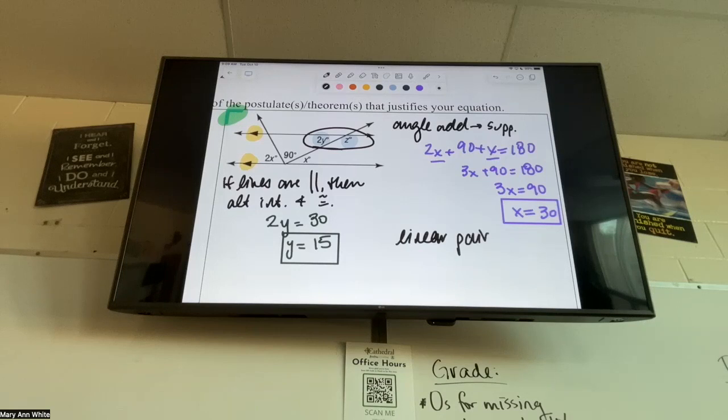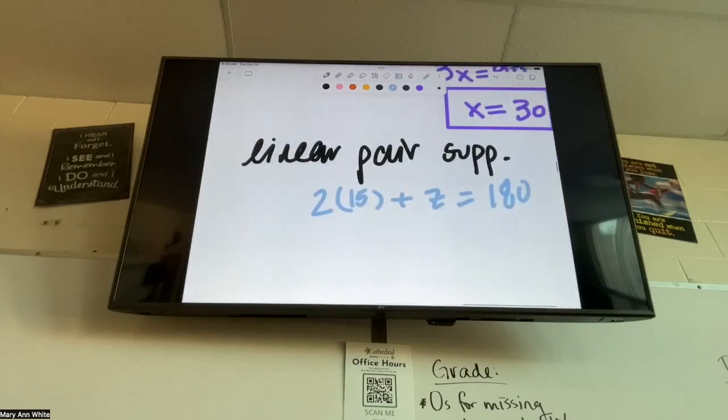And so just like Michael said, we're going to add them up and set them equal to 180. Now, instead of writing 2y plus z, we're going to plug in the number that we just found for y. So I'm going to plug 15 in for that y. So we'll do 2 times 15 plus z equals 180. So 2 times 15 is 30. And then we'll minus that 30 from both sides, so z equals 150.